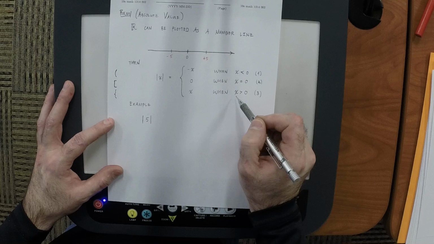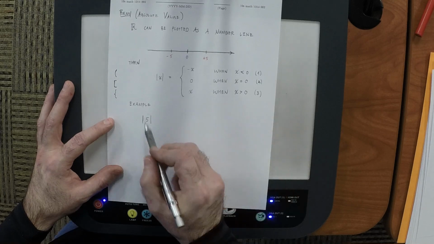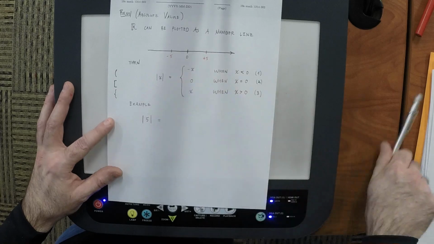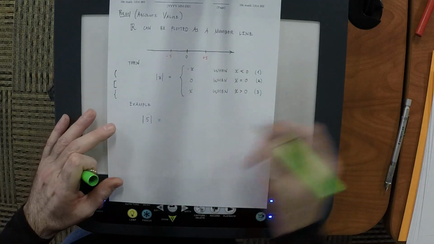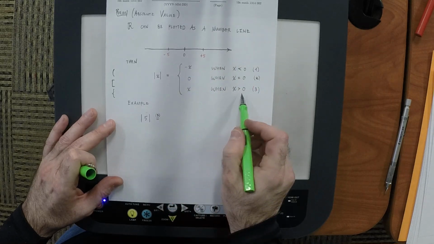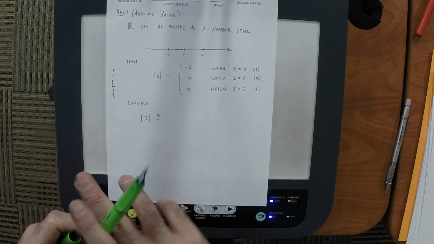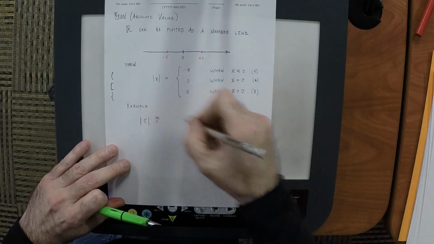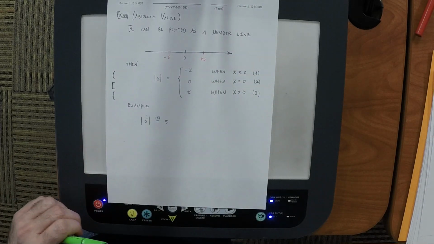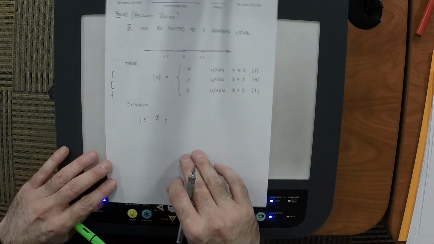And when the input is positive, that's what you do. So the input is 5. Which clause are we using? Clause 3. And clause 3 says that when the input is positive, the output is the same as the input. So you just copy it over. So that's the answer. Okay, so nothing mysterious there.